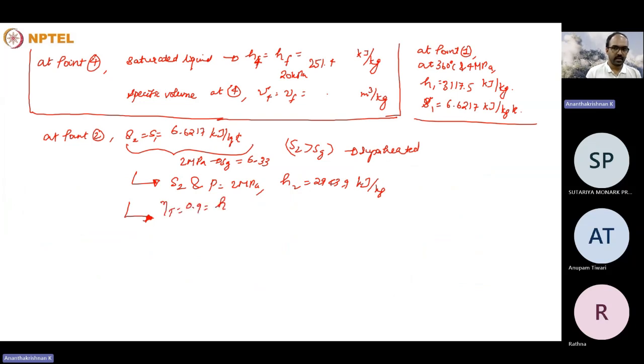That will be equal to H1 minus H2 dash divided by H1 minus H2.